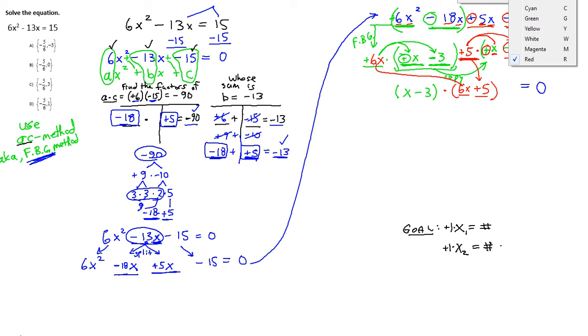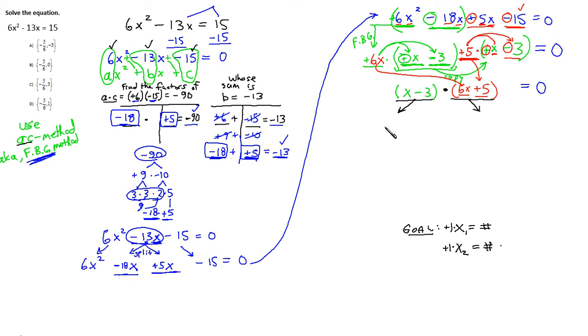Okay, now, what we have here are two factors times each other that produce 0. From the zero factor property, we know that when two factors times each other equal 0, one of those two factors must be 0. So we use that property to state it in this way.